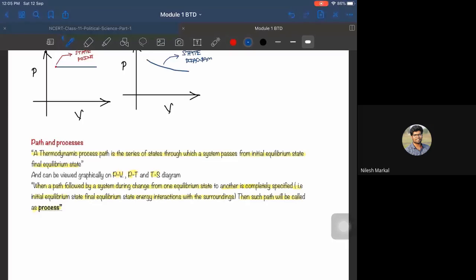You have to specify how much energy it has interacted with its surroundings. You must even specify where exactly your initial equilibrium state is, and where exactly your final equilibrium state is. Then that particular path through which the system has passed will be called a process. Okay, that's great.